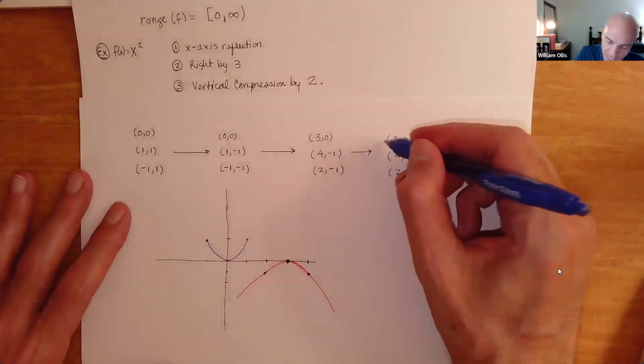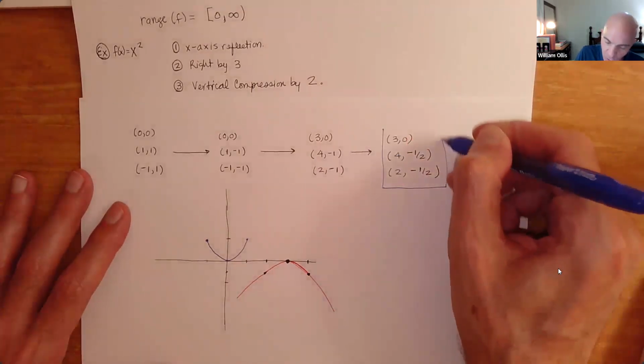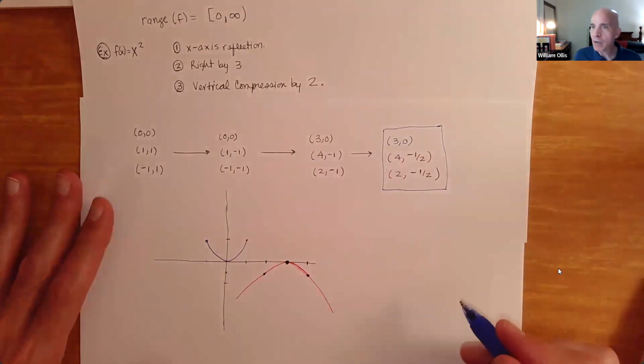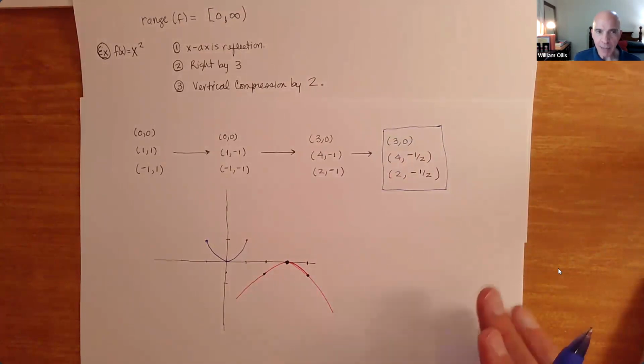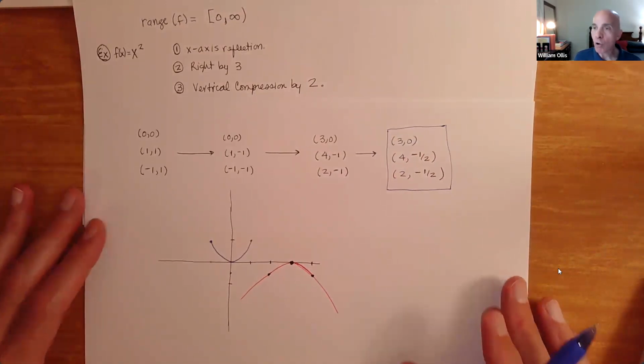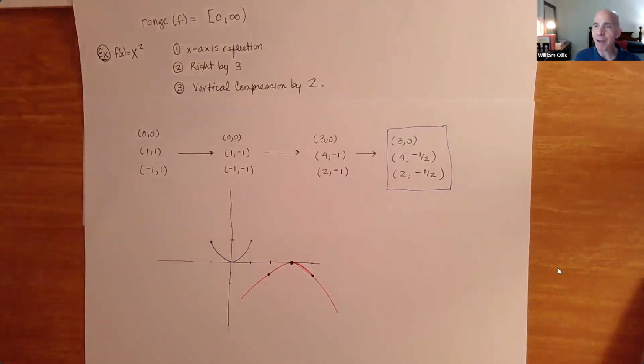And notice these points give us the new coordinates for the transformed graph. We also have to think about what the functional equation is for the transformation, and then manipulating the points is much more intuitive. When we do a right shift with an ordered pair, we simply add that amount to the x coordinate.